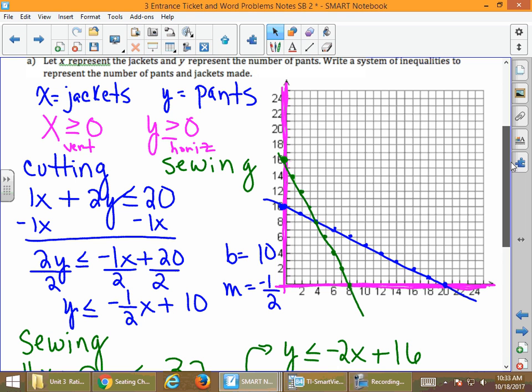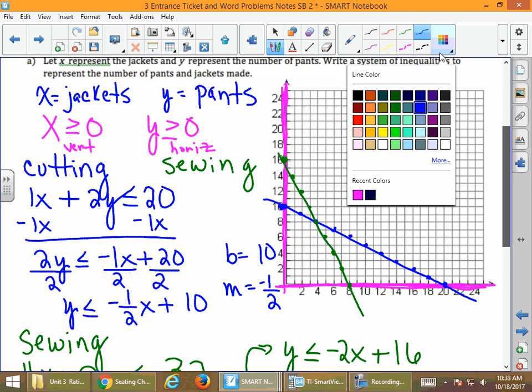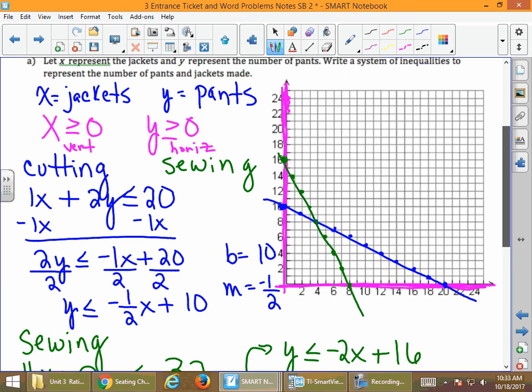And where we would shade, and we really only have one option here, is going to be to the right of that. And I'm just going to shade a little bit. And maybe you want to wait to shade until we get this all together. But it's the same thing with y is greater than or equal to 0, our horizontal line. Well, we really only have one place to shade, which is above there.